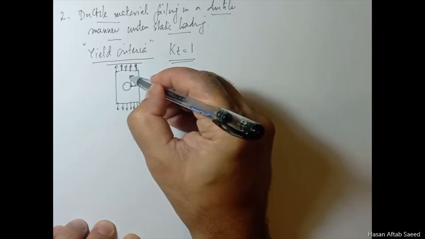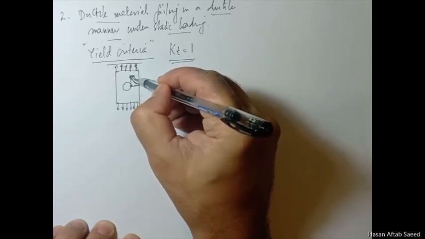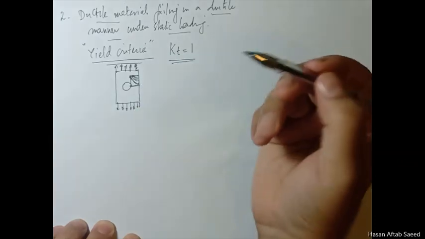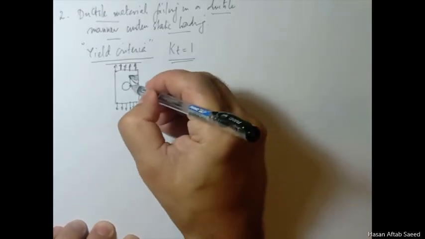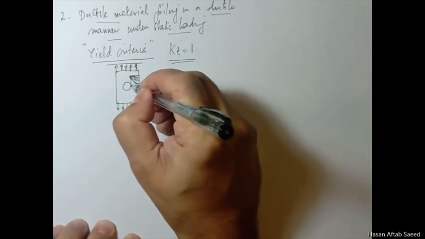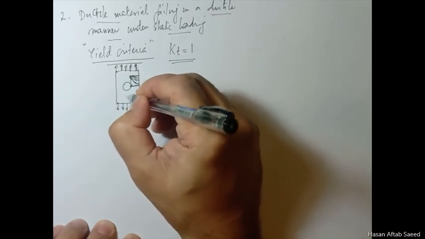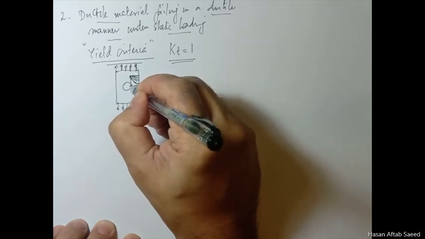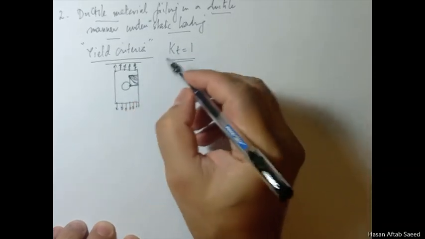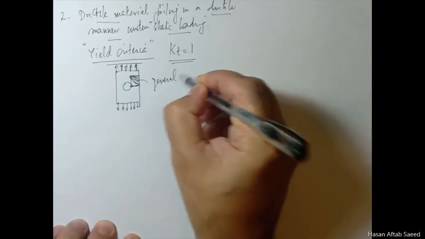So what happens is something like this, gradually, and then the whole section yields. This stage is called general yielding.